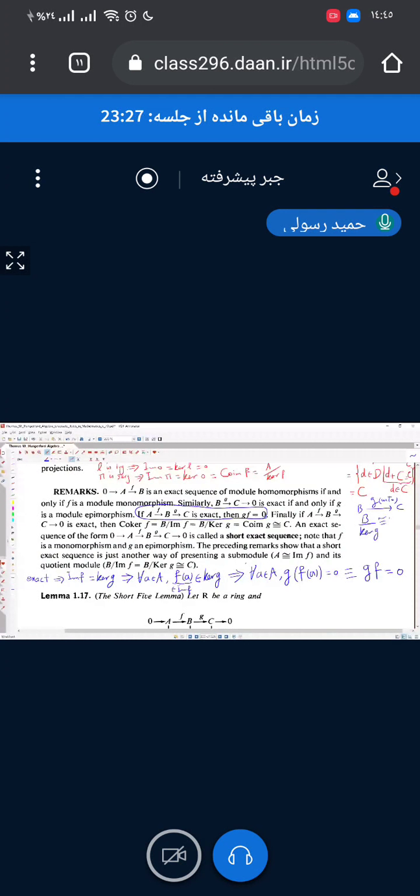So B over the kernel of G, which is the co-image of G, is isomorphic to C. Consequently, we have that the co-kernel of F is isomorphic to C.